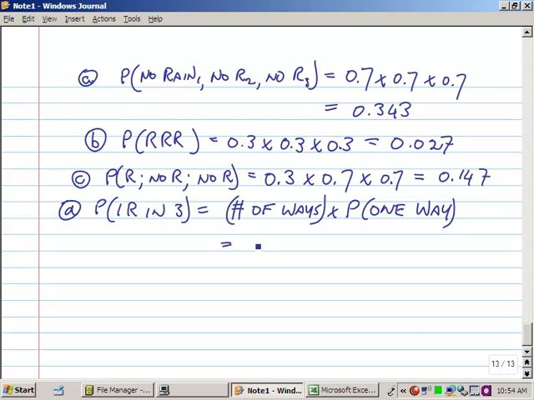How many ways are there? Well, we could have rain on day 1, day 2, or day 3, so that's 3 ways times the probability of one way, and we have one way in part C, 0.147. Alright, and the answer to that is 0.441.